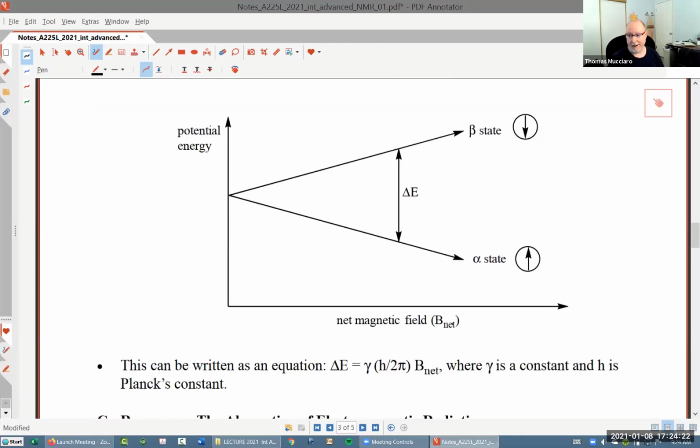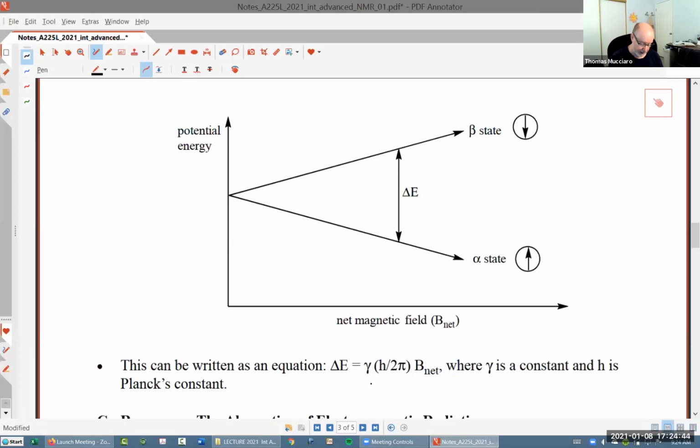Now, I'm going to need a little bit of an equation to show you how this all works out later. There is actually an equation for calculating exactly how big that energy difference is. It looks like this. The energy difference is equal to this.